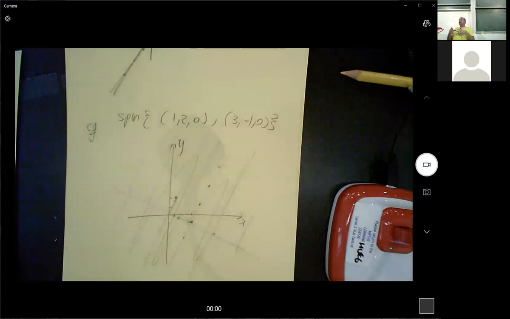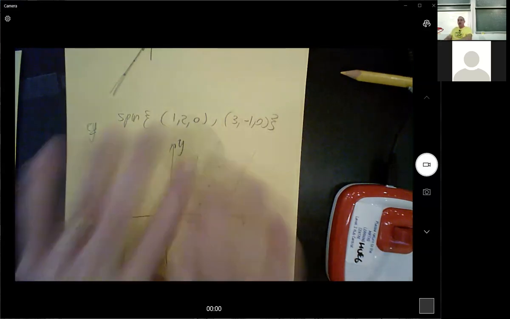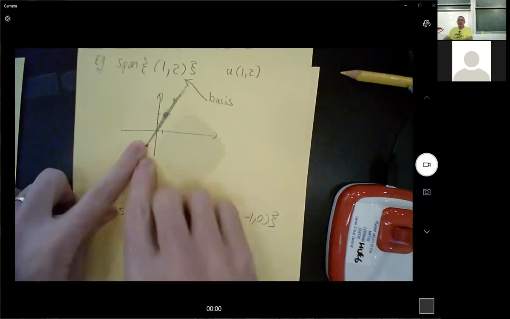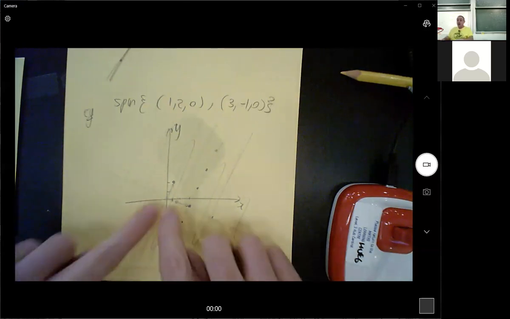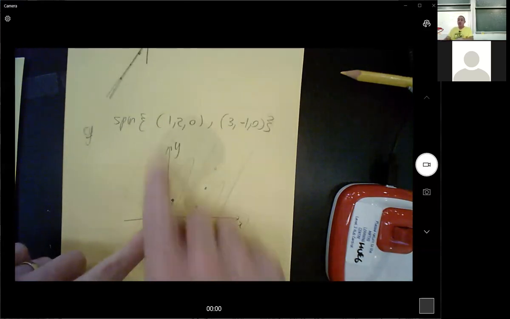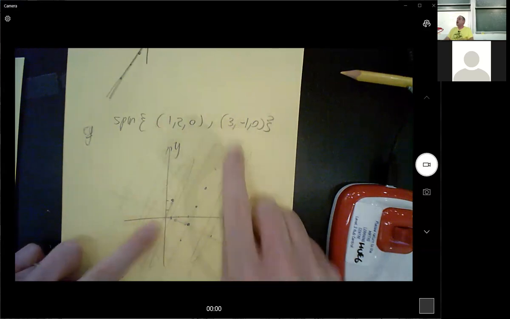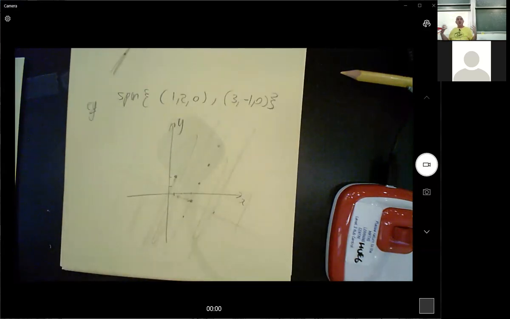So what span means is that any two vectors will together form a plane. One vector by itself will create a line, and they'll fill in all the spaces. And whenever you make a span, you always make the 0 vector because you can always have 0 of this one and 0 of this one. And so this action of spanning always produces a subspace.